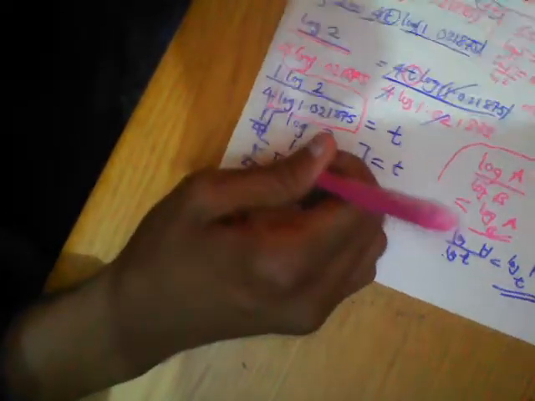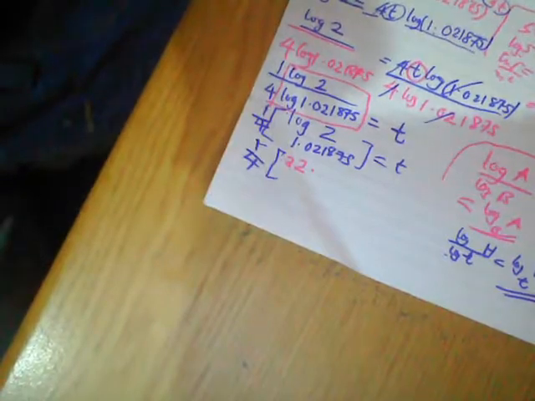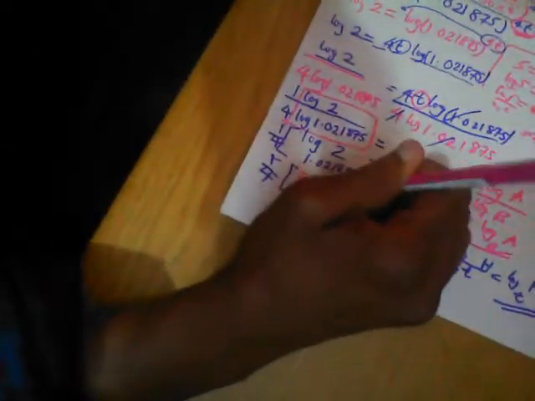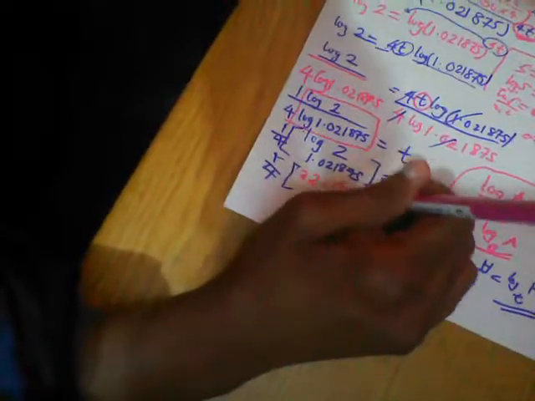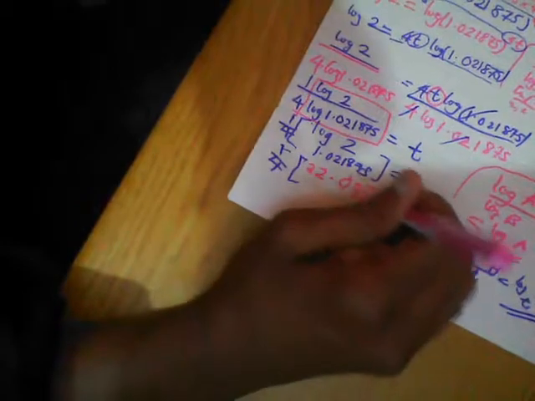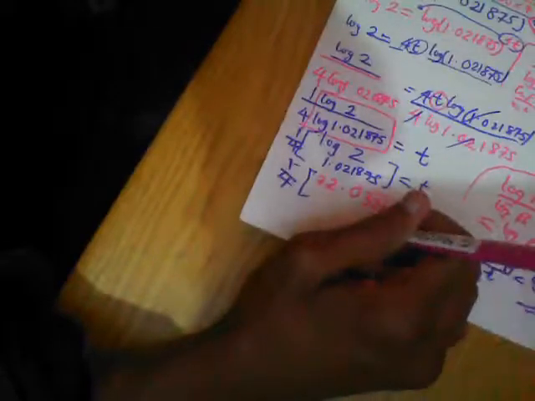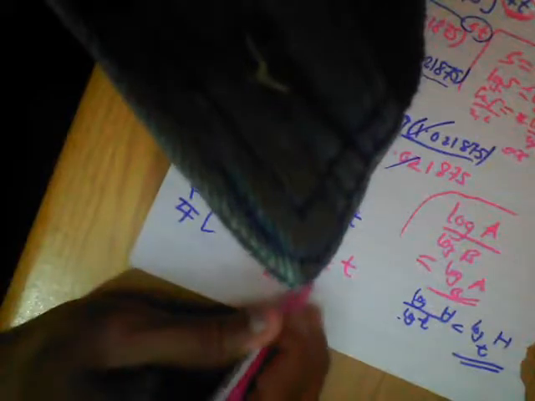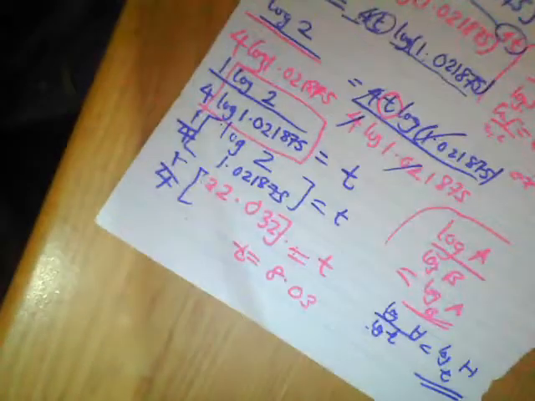It's going to give us 32.0303 and other numbers, but I'll just take 2 decimal places. Equal to t. Multiply this, put it in the calculator, and you're going to get 8 point something. So our time t is 8.00, my fault, 8.008.